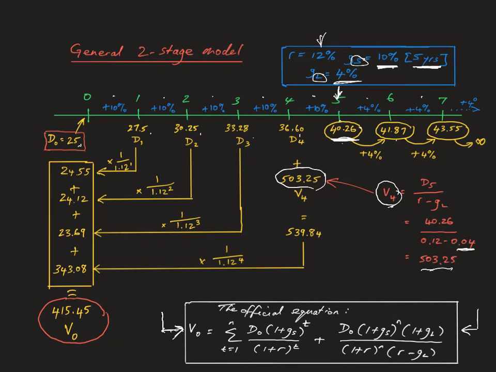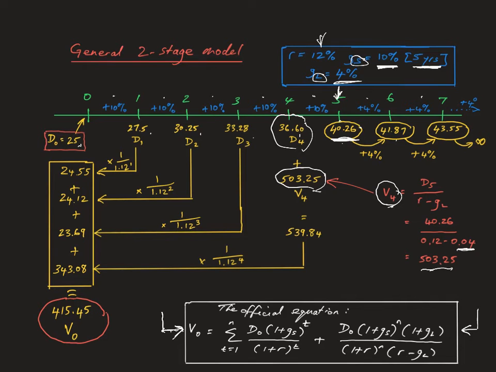Now, that value, fair enough, is at T4. We're comfortable with that, but it just so happens that there is another cash flow that belongs to the owner of this particular equity instrument, and that is that D4 is 36.6. And we know from cash flow additivity that we are absolutely comfortable with the idea that we can add together the D4 number of 36.6 to the V4 number, which is a calculation of the value at T4 of that perpetuity.